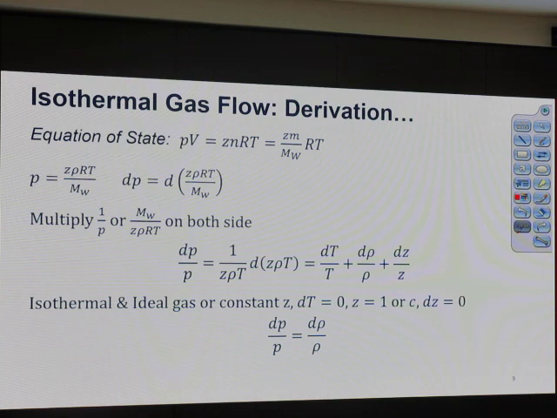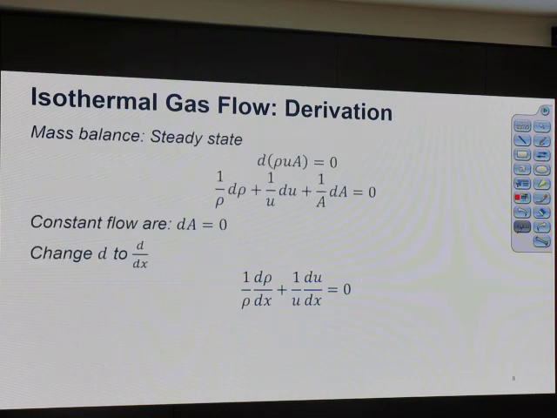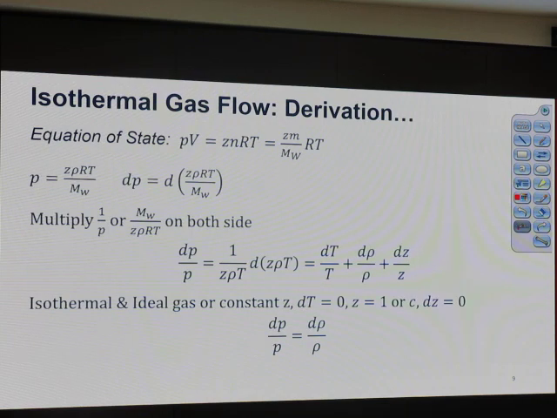The derivation is based on the continuity equation, which is mass balance, and the equation of state PV equals ZnRT, using isothermal and constant Z factor. It doesn't need to be 1, but dZ equals 0.